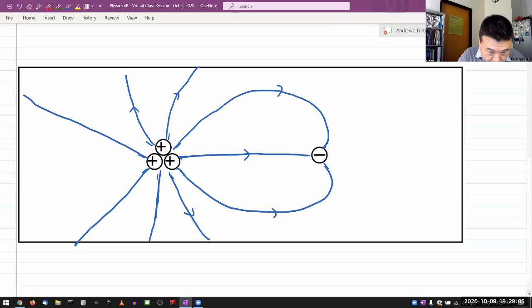This is bending the wrong way. So something like this. At this point, this is very qualitative because it's hard to do this very precisely by hand.